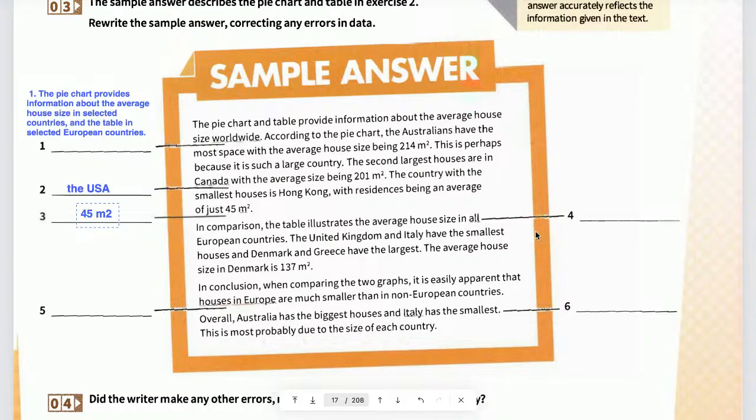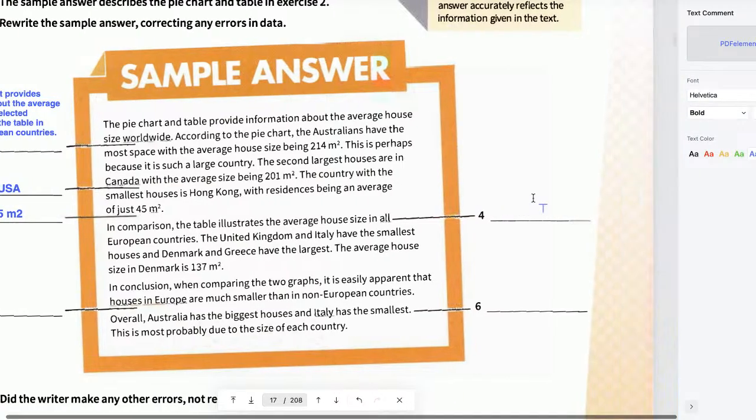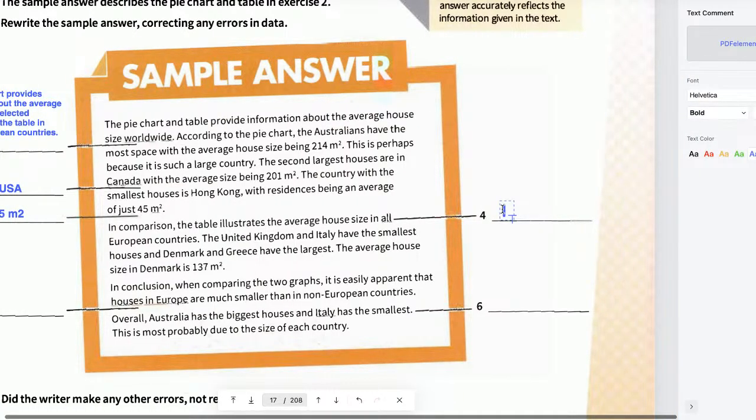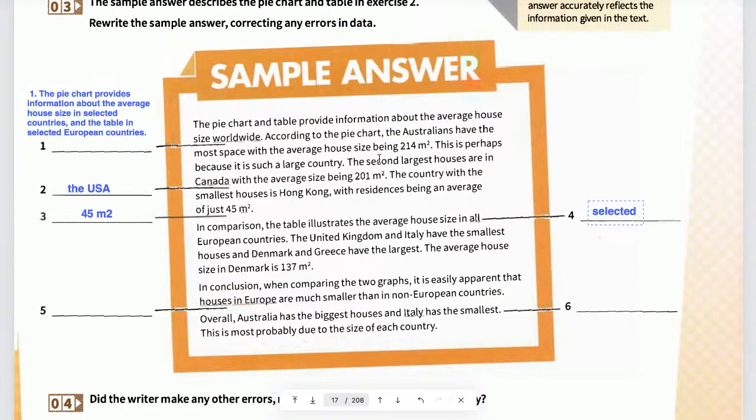All right, now number 4. In comparison, the table illustrates the average house size in all European countries. Oh, this one is easy. How can we fix this? Yes, in selected European countries, not in all European countries.